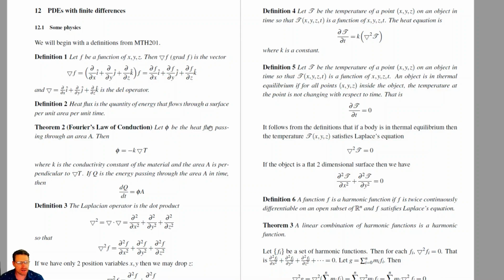Alright, let's consider a physics definition now. Heat flux is the quantity of energy that flows through a surface per unit area per unit time.